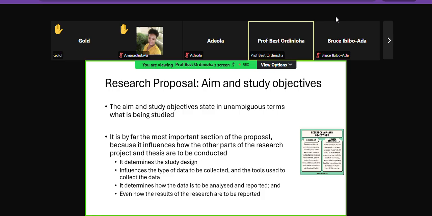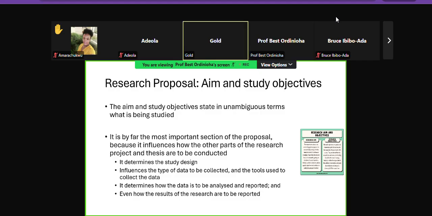And our graduate school, whose templates we are using, actually separated them. We will soon get to the significance. Significance of the study comes after the aim, study objectives and research questions. Okay. Thank you, Prof.